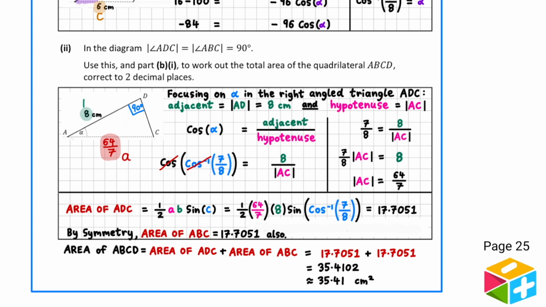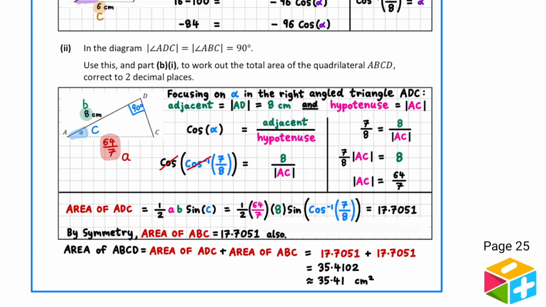Set b equal to the side length AD, which is 8. And set c equal to the angle in between these sides, alpha. In the previous part of the question, we found that alpha is equal to cosine inverse of 7 over 8. Typing this big expression into our calculator will give us the area. It's 17.7051.